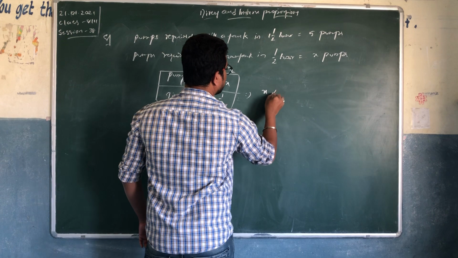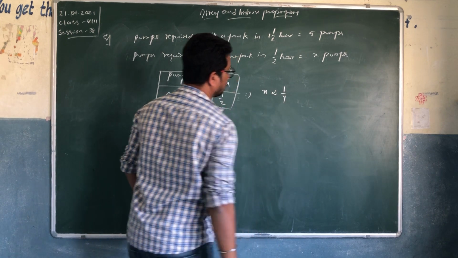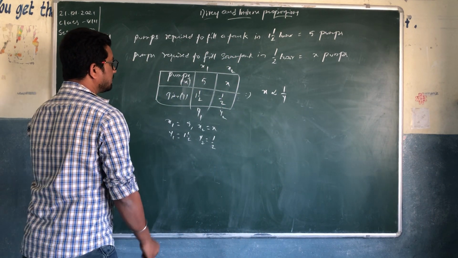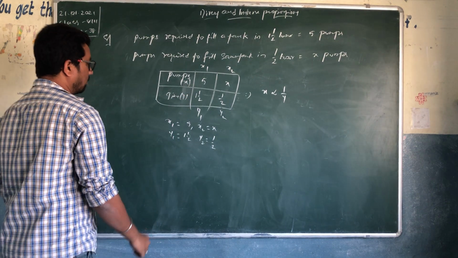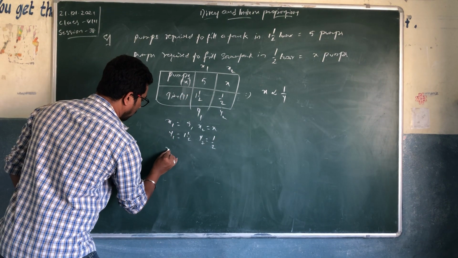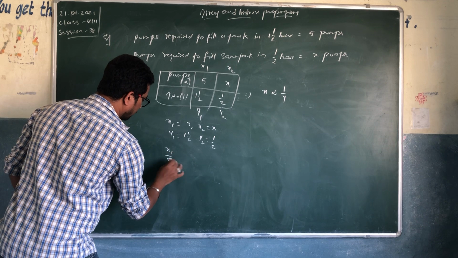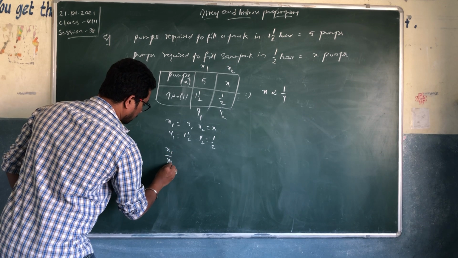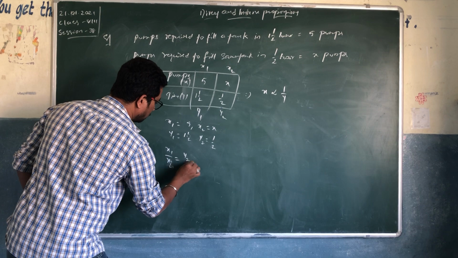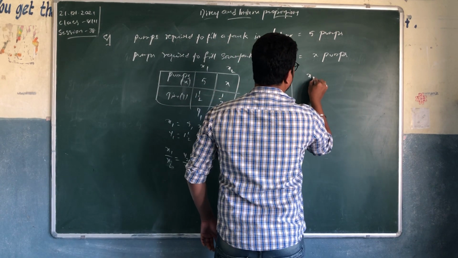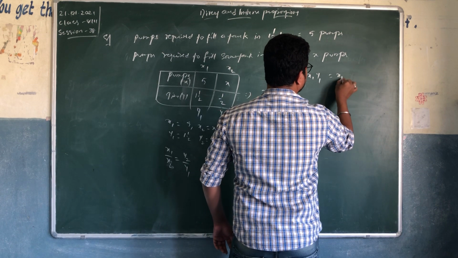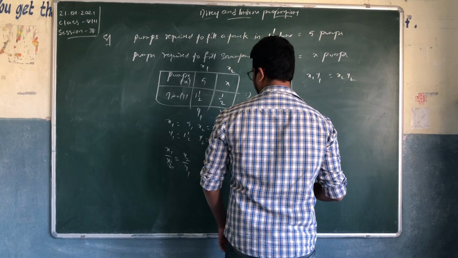And we have one more step. Here X is directly proportional to 1/Y, as pumps is inversely proportional to time. Now we have the formula X1 by X2 is equal to Y2 by Y1. Now X1 Y1 is equal to X2 Y2.